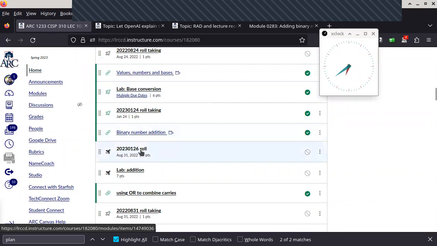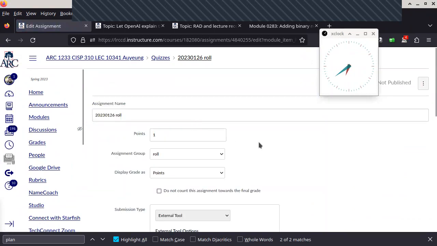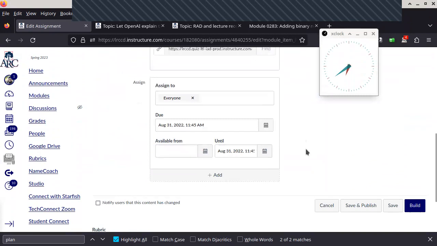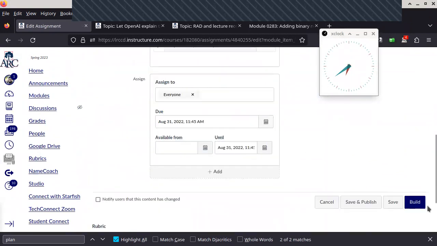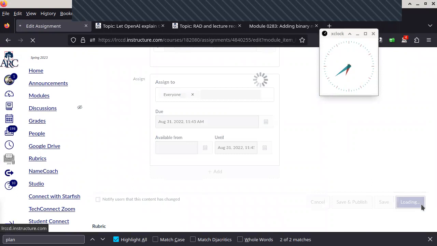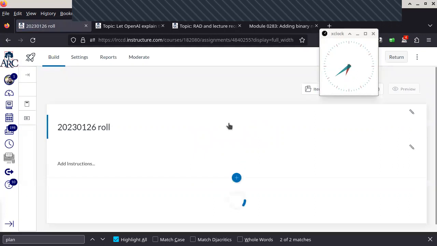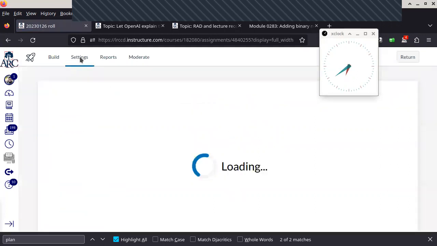All right, so today is the 26th. This is the roll taking activity. I'll show you the passcode first, but you know that already. Some of you still remember because you took notes, and for the rest of you, because you did not, you won't know it. This is slightly different compared to the previous one. You cannot see it yet. I have not released it yet. When we get to here, we go to settings.